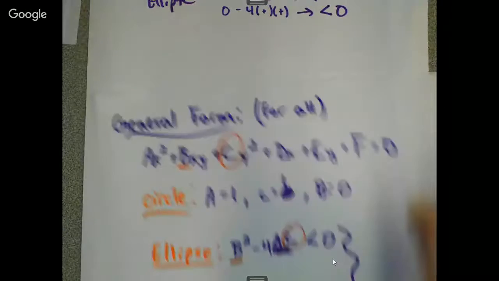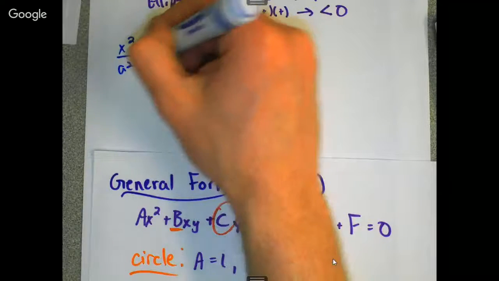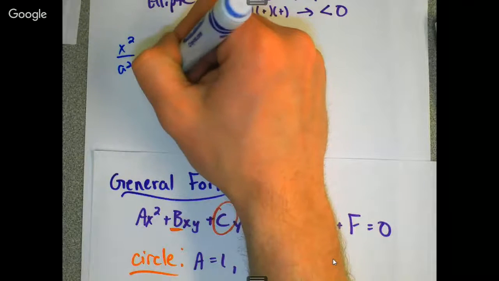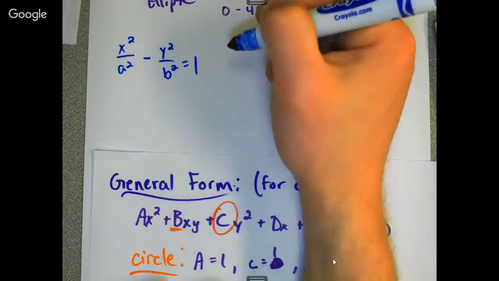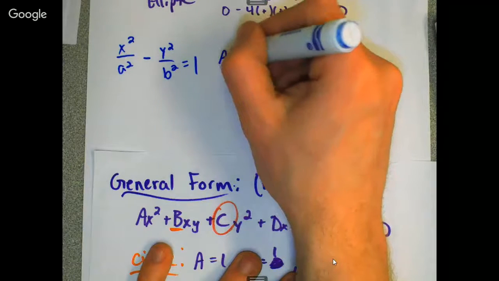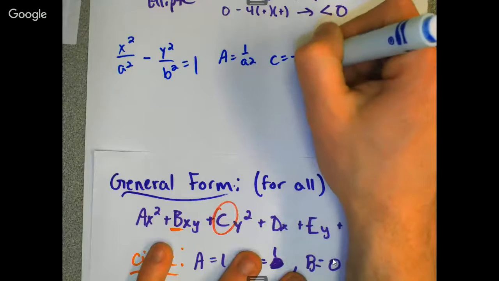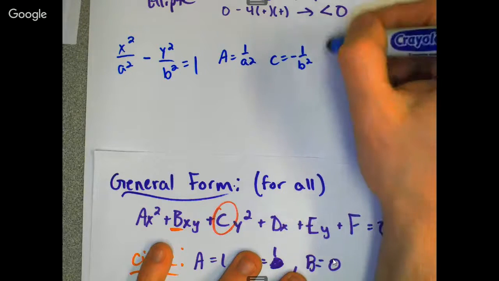Okay, so let's try another one here that is very similar. So let's say I just change that sign. Okay, now I just changed this sign, so that only changes what c is. So now c is negative 1 over b squared.